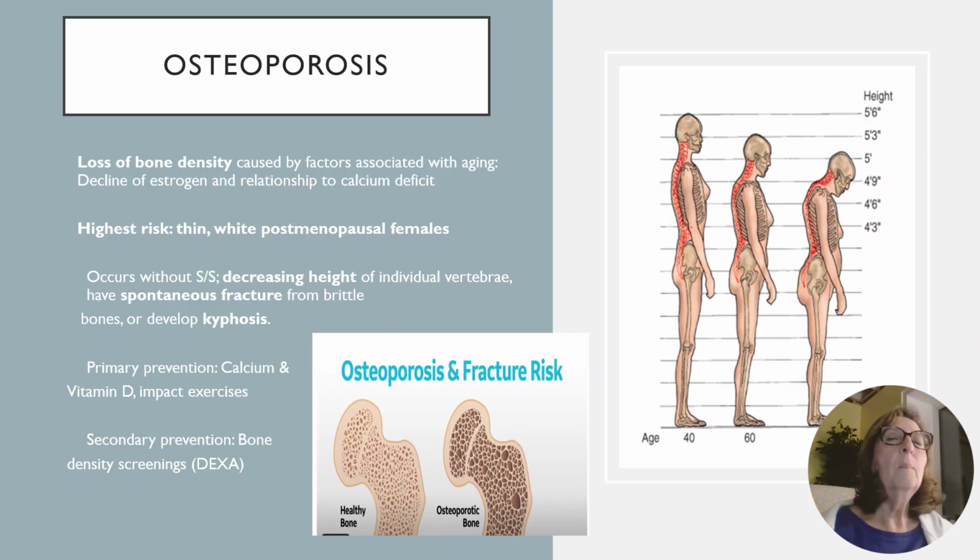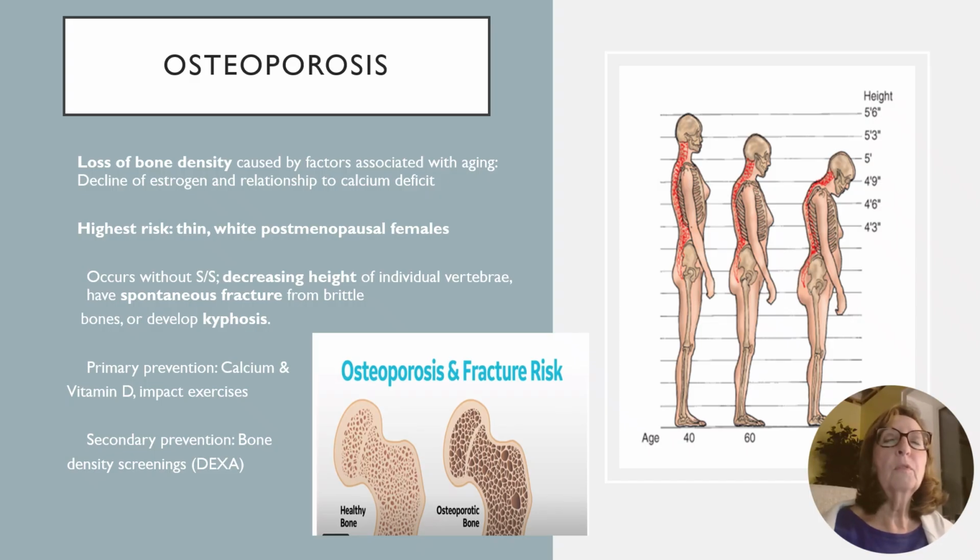Patients who have osteoporosis, their bones tend to get very, very brittle. A lot of times over time, as they get older, they will develop kyphosis. So one of the things that can be done to help prevent or reduce the problems caused by osteoporosis is to have the patient take vitamin D and calcium supplements. It was mentioned earlier that the vitamin D helps the calcium get into the bones.